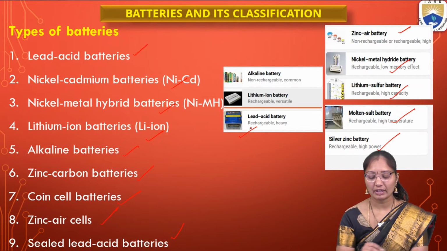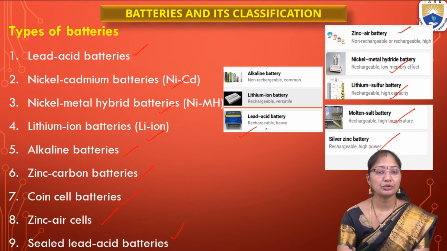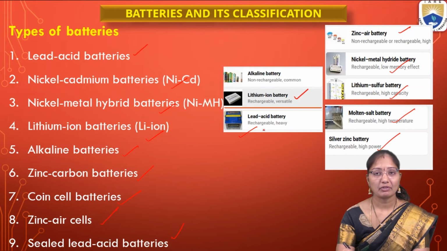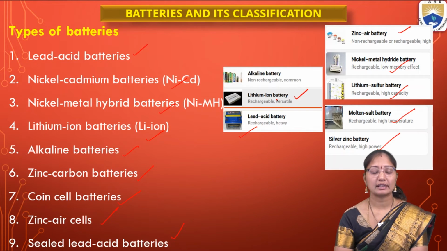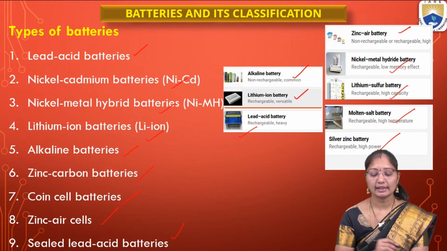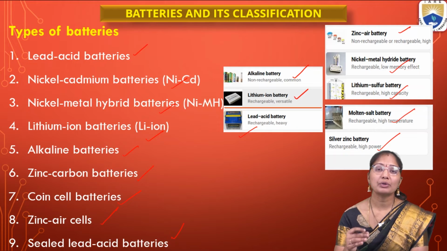The lead acid battery is the commonly used battery in households, a rechargeable battery for power backup. The lithium ion battery is a versatile rechargeable battery. Alkaline batteries come under the category of primary cells, which cannot be recharged and are meant for only single use. So we are going to see these types of batteries in detail.